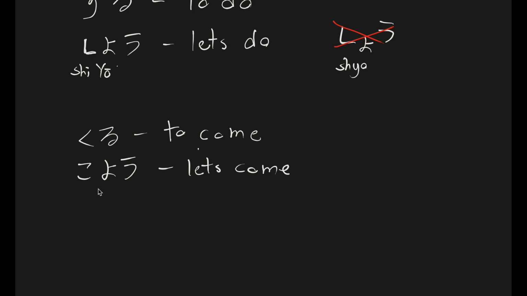Mainly because it's not kiyo. And if it's kiyo, a lot of people would say probably kyo. But no, koyo. I was writing here romaji, but koyo. That's let's come. That is the volitional form of to come, kuru.